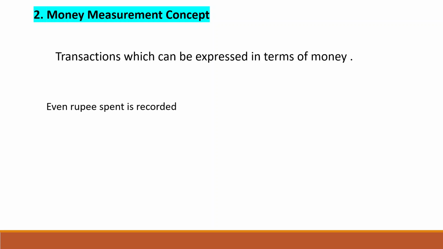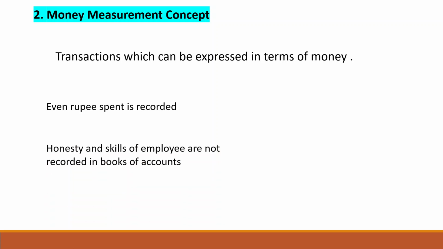But those transactions which do not have monetary consideration are not recorded, like honesty and skills of employees are not recorded in the books of account, right? It has been observed that an honest and skillful workforce is basically an asset to the business organization.